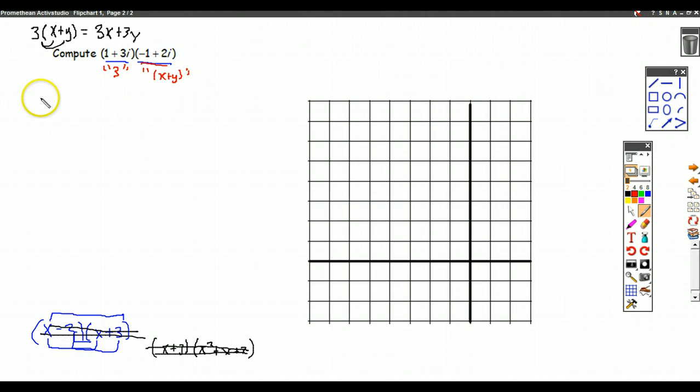So this is the algebraic representation of multiplying these two numbers. Algebraically, let's distribute the 1 plus 3i. First it would be distributed to the negative 1, so I get 1 plus 3i times negative 1, and then plus 1 plus 3i times 2i.